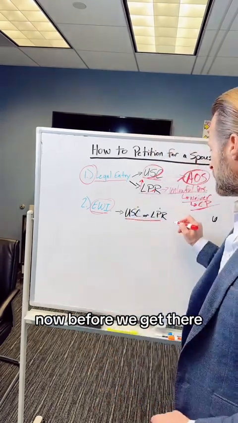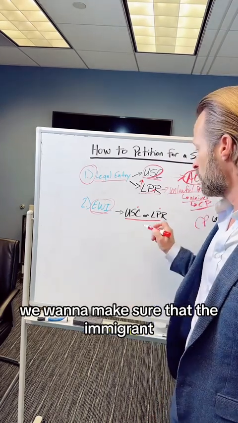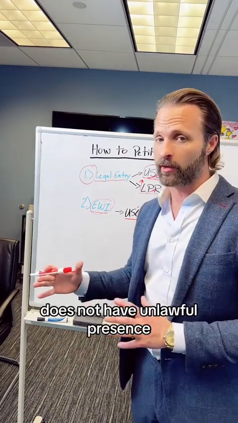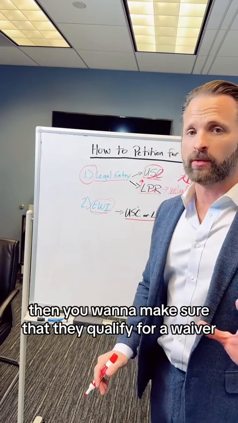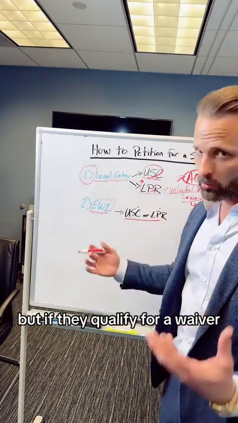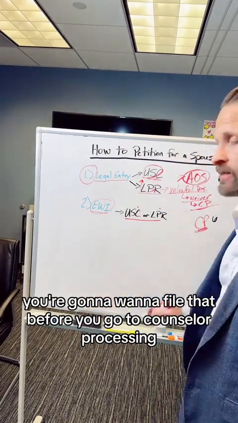Now, before we get to consular processing, we want to make sure that the immigrant, the beneficiary, does not have unlawful presence. If they do have unlawful presence, then you want to make sure that they qualify for a waiver. They can use their spouse as a qualifying relative, but if they qualify for a waiver, you're going to want to file that before you go to consular processing, okay?